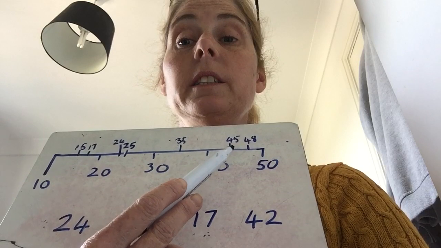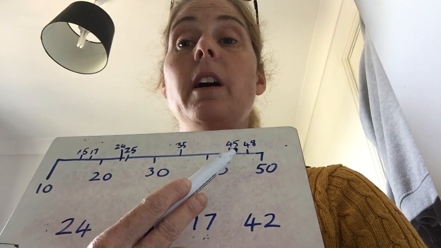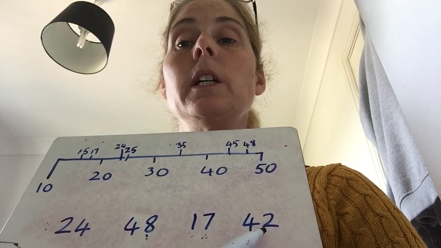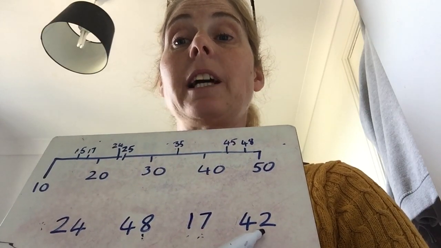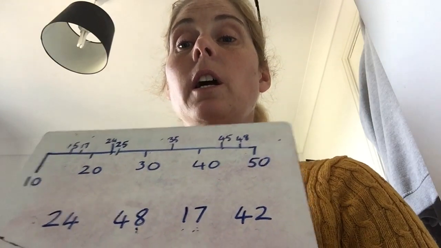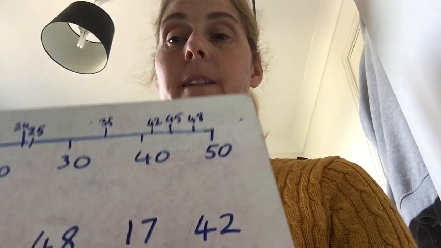Look at the ones. How many ones in 45? 5. How many ones in 42? 2. So it's less. That means it's smaller. Okay, so it's going to go before 45. It's going to come about here.